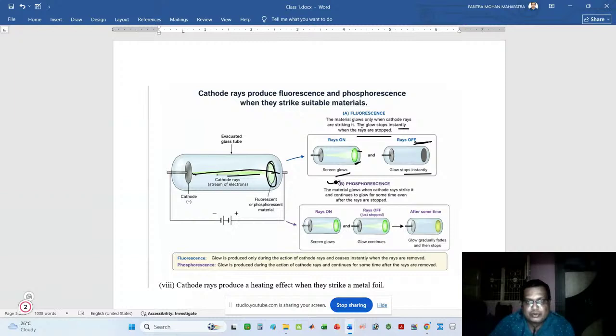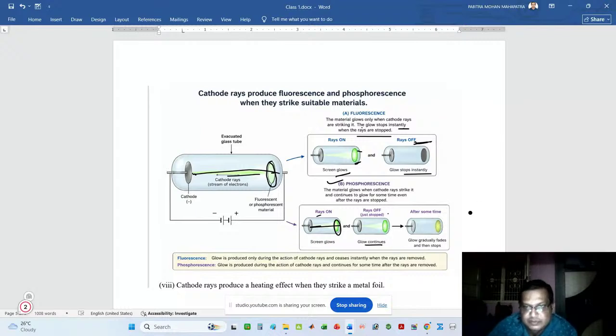Similarly, if you think about phosphorescence, look at that. Here the ray comes from cathode to anode. This is the phosphorescent substance. When cathode ray strikes the phosphorescent substance, it starts to glow. But if the ray is off, then the glow continues for some time.